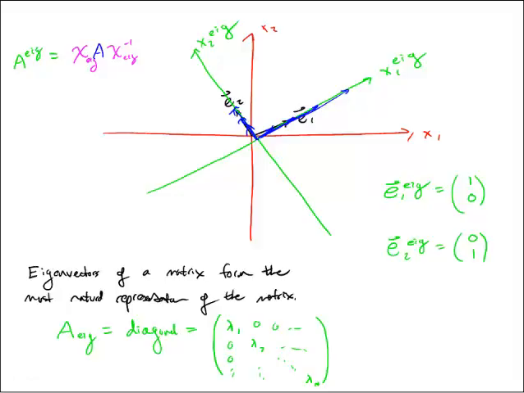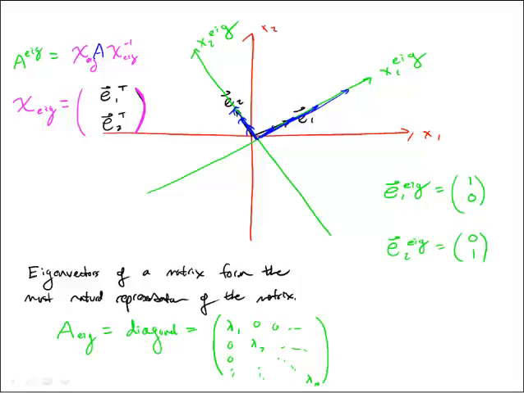And so how would we actually find this change of basis matrix? Well, our new basis is just the eigenvectors. So we would have E1 transpose, a row vector of our first eigenvector, as the first row, and E2 transpose as the second row. So in this case, what did we say?